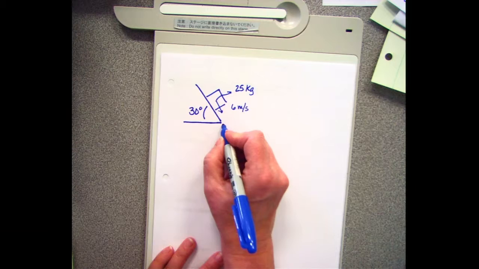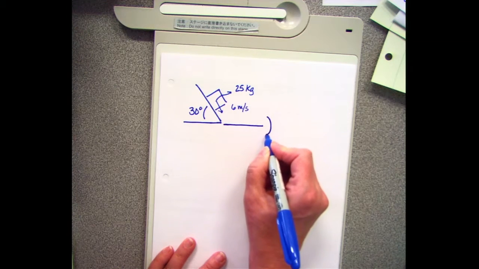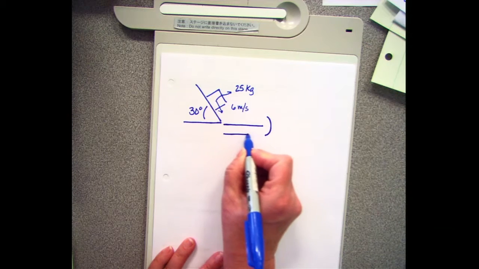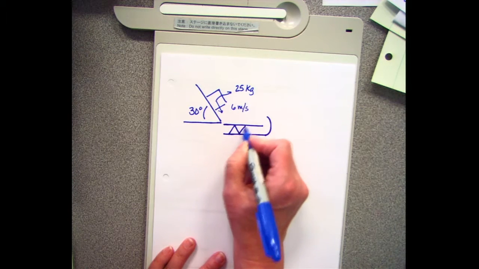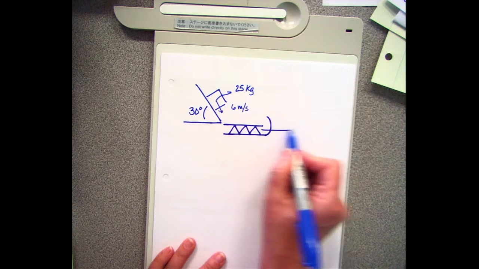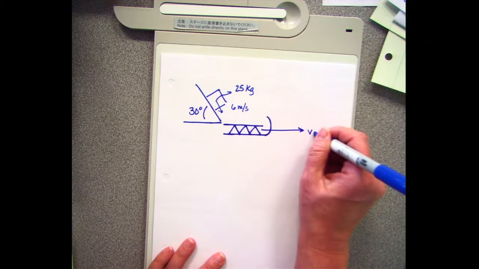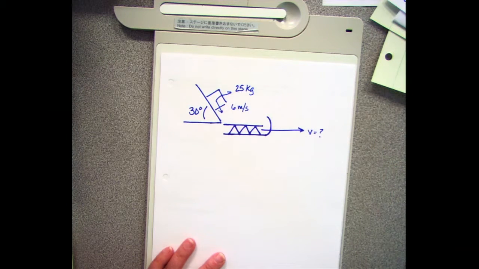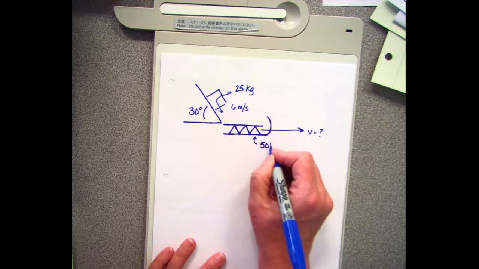And at the bottom of the chute, it's going to hit the sled, and the sled is going to go off with a velocity that we want to calculate. And our sled has a mass of 50 kilograms.